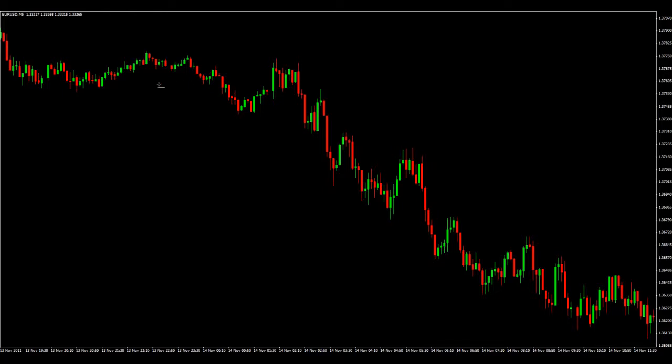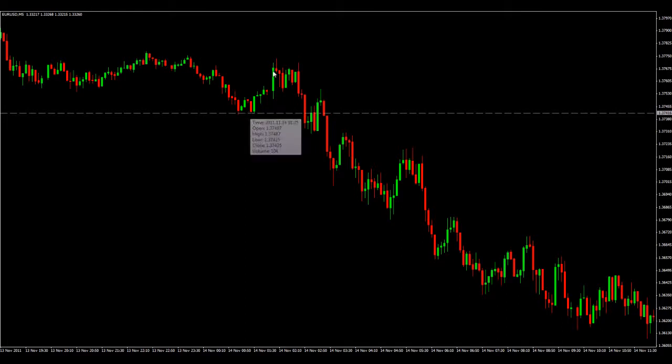The one thing that I'm looking for with the levels is what's sticking out in the market. What's a clear support and resistance level? So the first thing that I see on this chart is this level right here. The reason that I'm picking this level as a support level is we've seen price come down and immediately come back up and bounce off that level, as you can see.